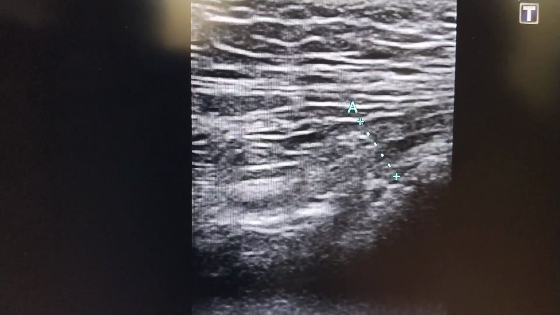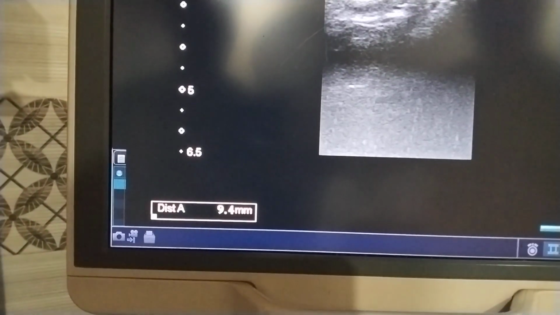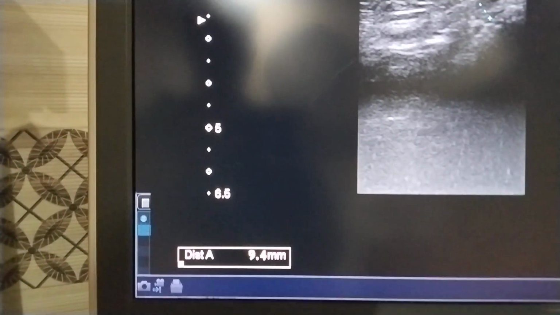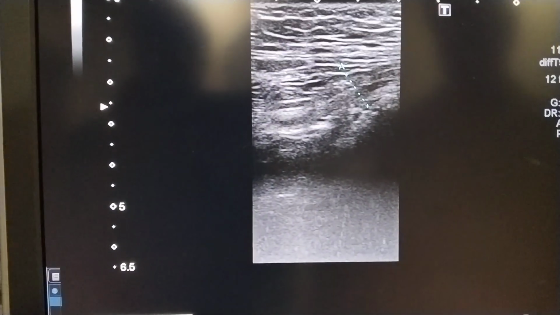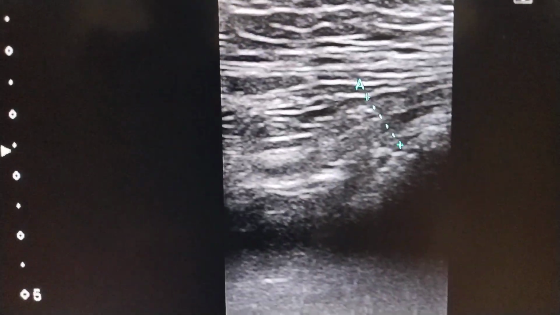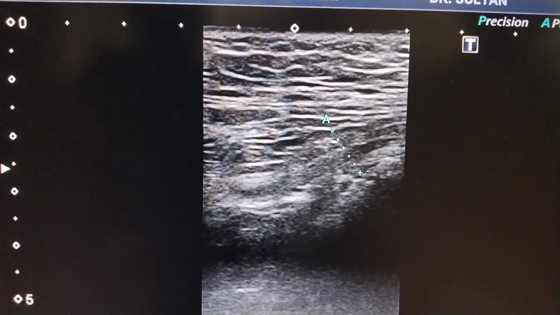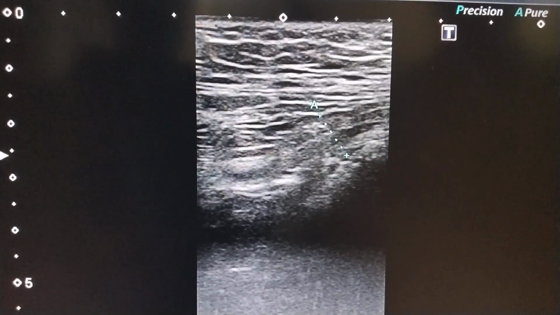So I have measured this. It is 9.4 millimeter, so it is larger than normal, which should be almost below 6 millimeter. So this is larger. Why is it larger?